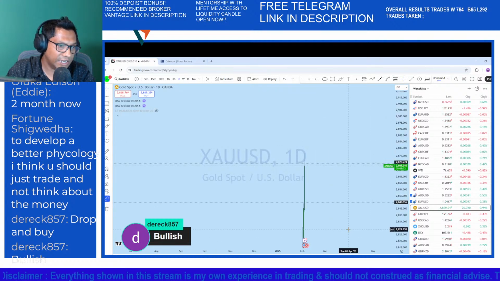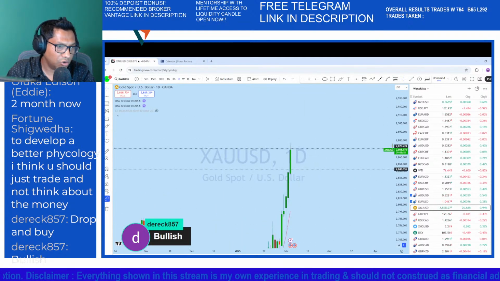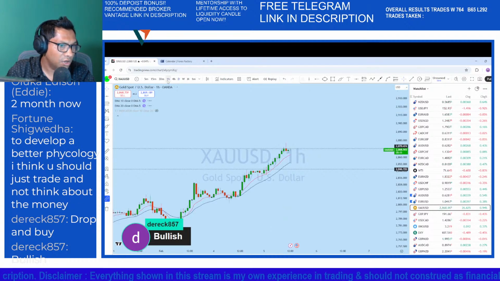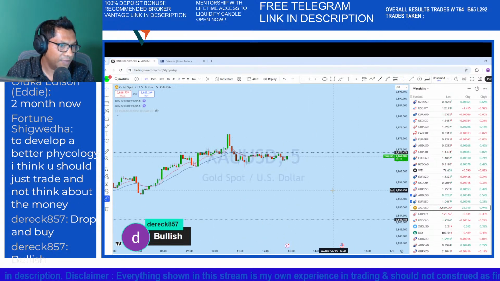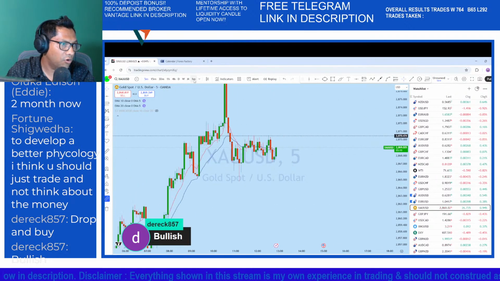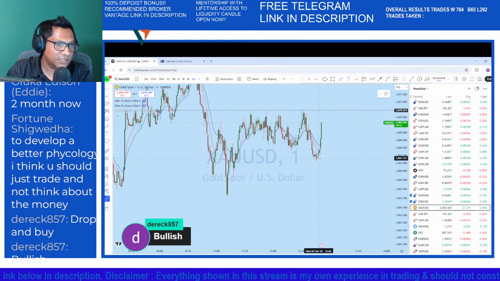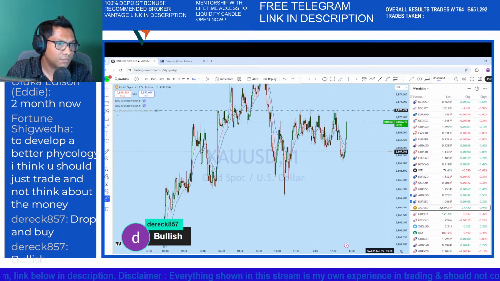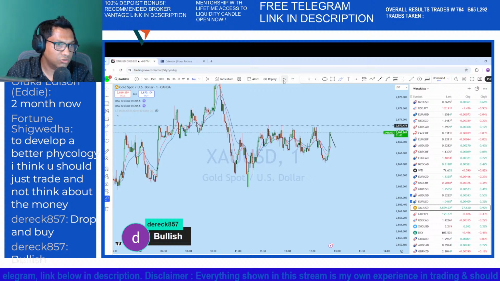If you look at the daily here, daily price action is pretty strongly bullish. Therefore, dropping down to the daily support is where we will be looking for entry. And here you can see this is a move, expecting a pullback and then to continue to rise.